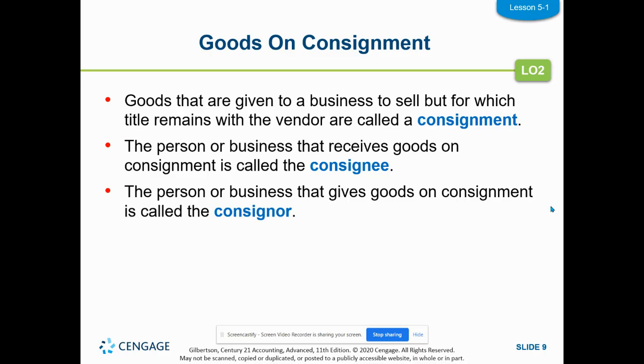That would be the store. The person that gives the goods to the consignment is the consignor. Those consignment stores are super chic, and you can sell all kinds of things in those stores.